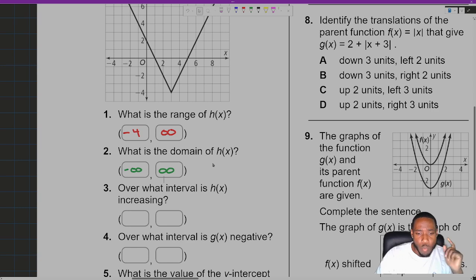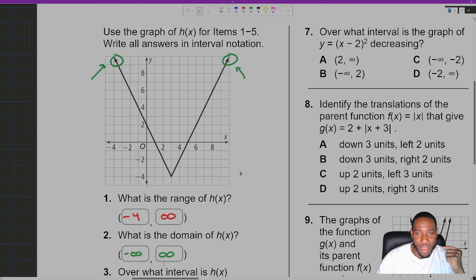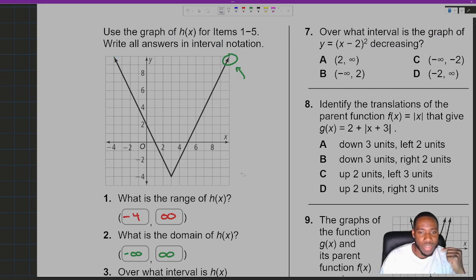Number 3 says, what is the interval over which h of x is increasing? So we're looking for where the graph is progressing up as we read it from left to right. And if we notice, that's not always true. If we track the movement of the graph over time, we see that it starts having this downward motion, and it keeps progressing downwards until it stops at that minimum we pointed out earlier here at -4. But now we're going to talk about that in terms of its x value, so that is at 3 on the x-axis.